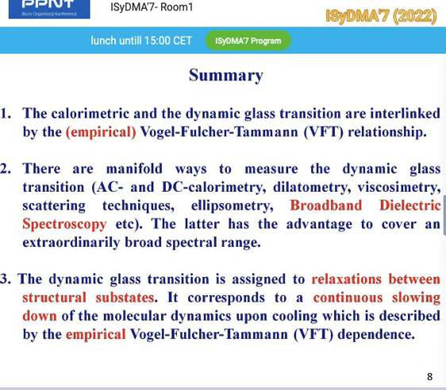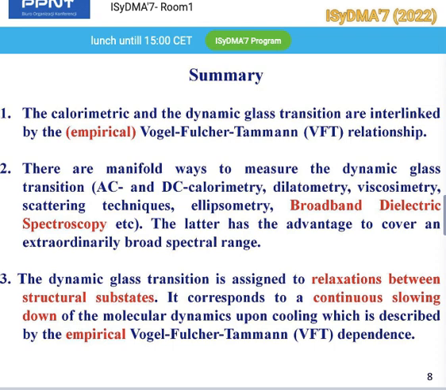If you ask what the molecular assignment of these processes is, then the answer is the following. One has relaxations between structural substates, and what we observe is a continuous slowing down of the molecular dynamics according to this empirical Vogel-Fulcher-Tammann dependence.